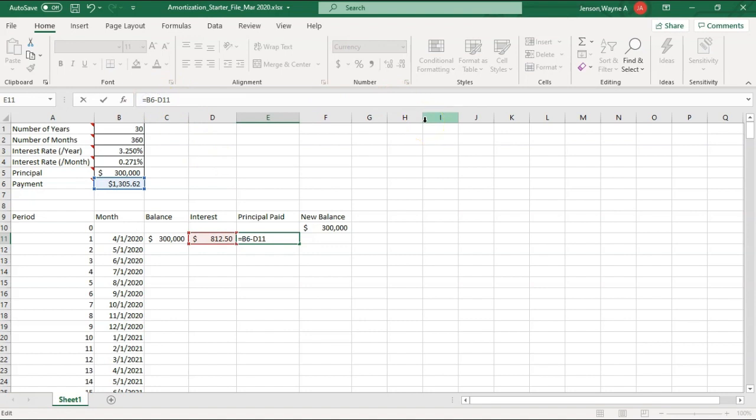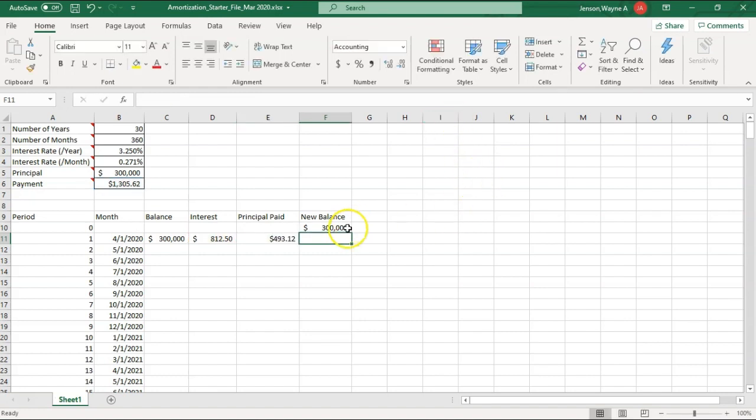So we're going to use the function F4 trick again, and then tab over. And in our new balance, we're going to put a formula, and we're going to take the balance in C11 and subtract the principal that we paid when we made our payment. And so our new balance will be $299,506.88.